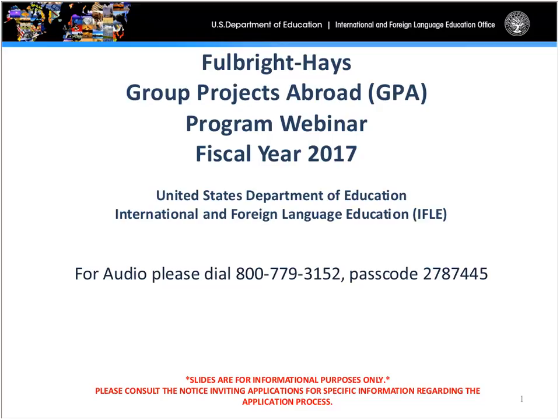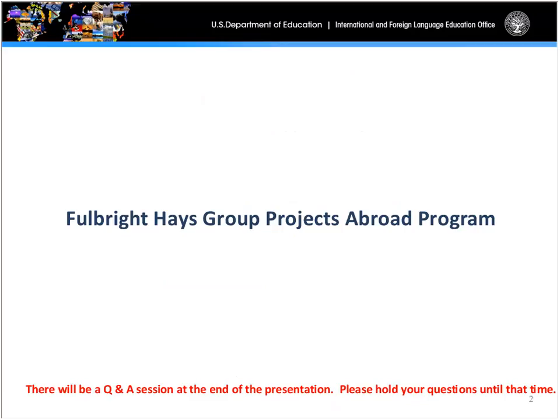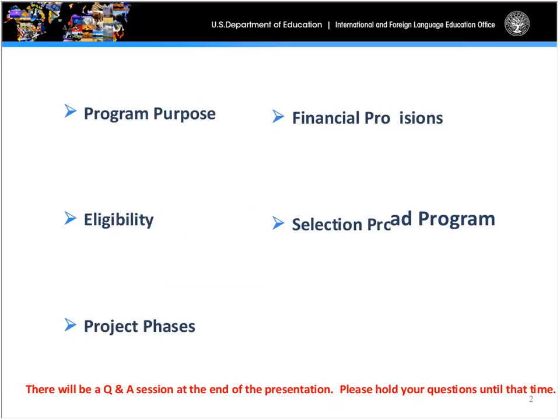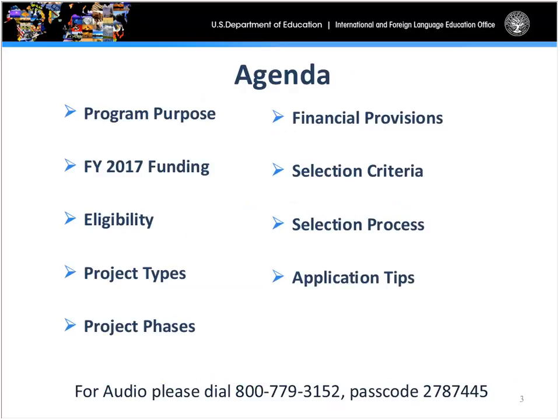This is the Fulbright-Hays Group Projects Abroad program. Today we're going to discuss a couple of topics. One, of course, the program purpose, the funding for this project, the eligibility for applicants, and the varying project types. There are 4 project types, and we'll discuss those.